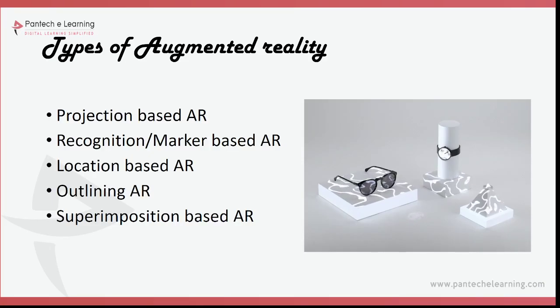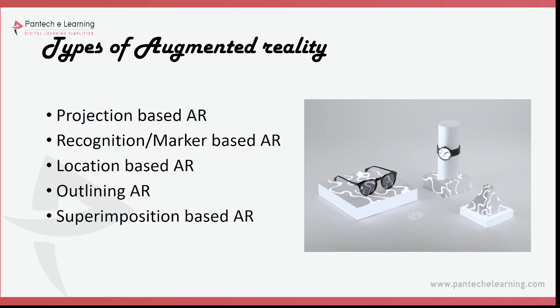Then the types of augmented reality: projection-based, recognition marker-based, location-based, outlining, and superimposition. The projection-based one comes under projecting that augmented reality from projectors, LED displays or 3D visuals.